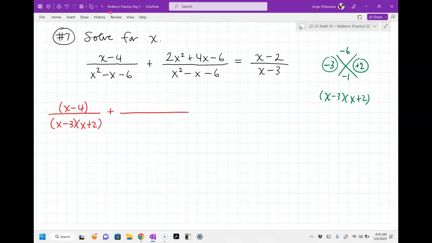Now this next fraction is also going to have x minus 3, x plus 2. But now I got to ask myself about the top part. What can I factor out of the top part that you can see maybe immediately? A 2.